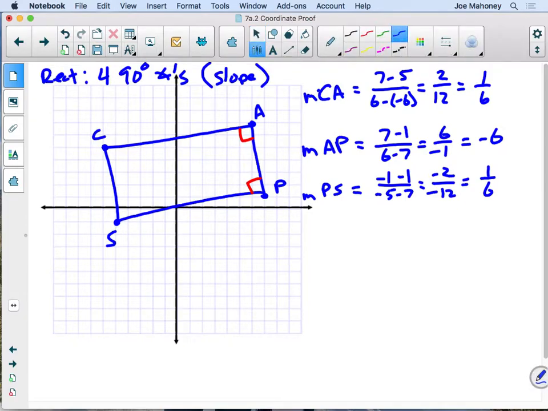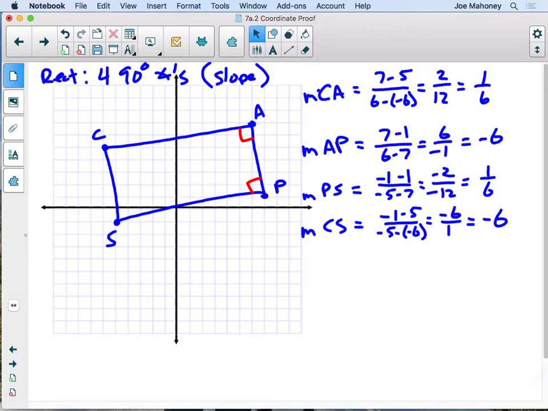So I've got one more slope to do. Let's do the slope of side CS. When we do our slope formula, change in y, -1 minus 5. Change in x, -5 minus -6. So that's going to be a -6 on top and a +1 on the bottom. And that's -6.